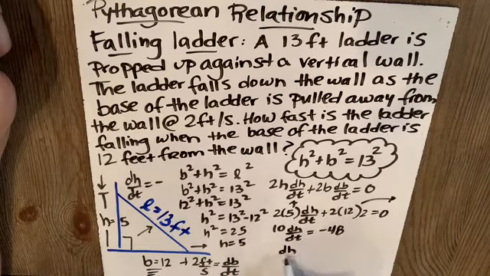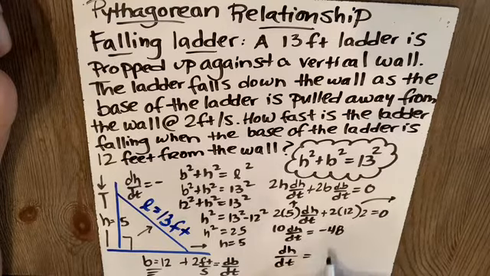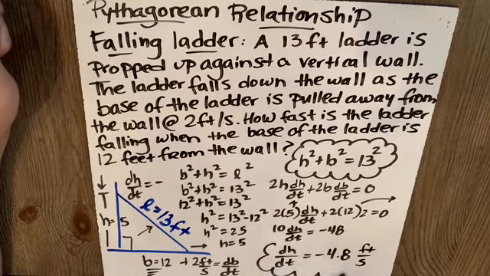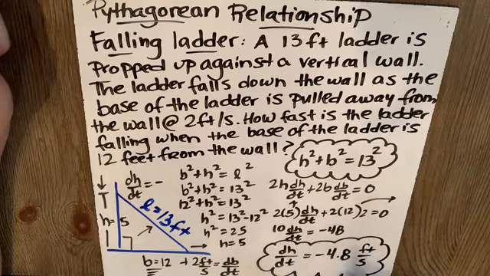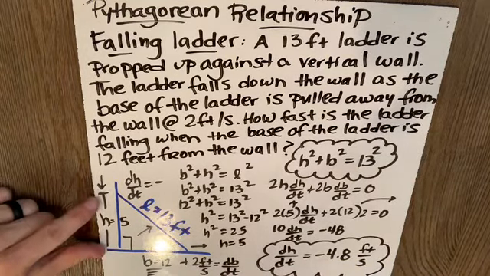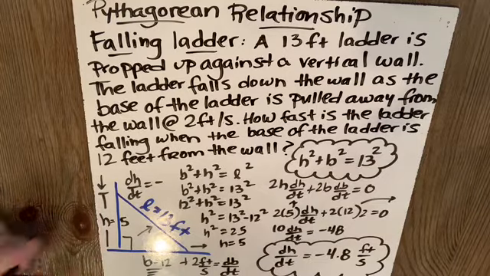And so dH/dt, as expected, I get negative 48 divided by 10, which is negative 4.8, and this is feet per second. Notice our negative rate of change for h simply means that this variable h is decreasing as the ladder falls.